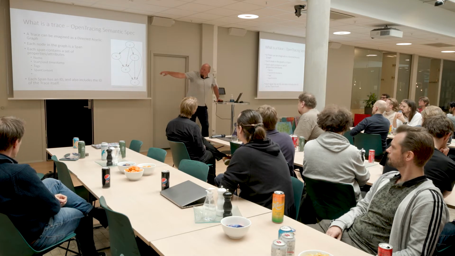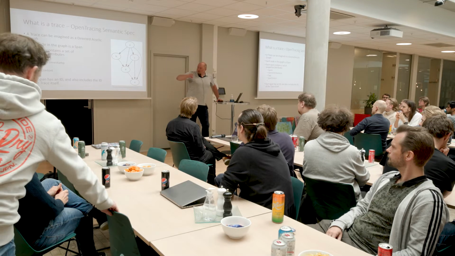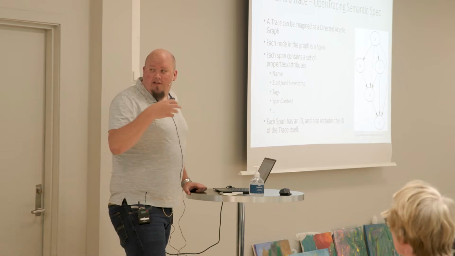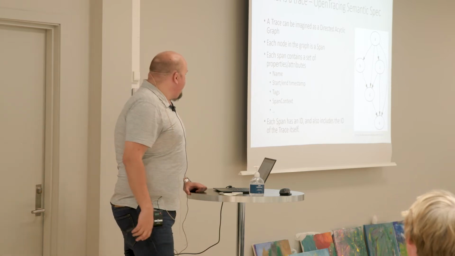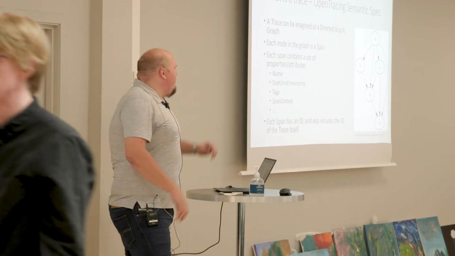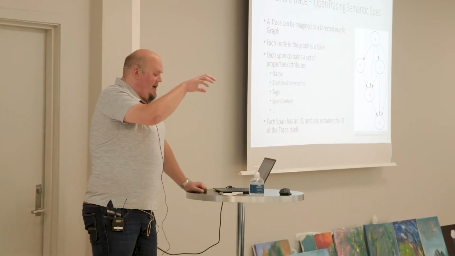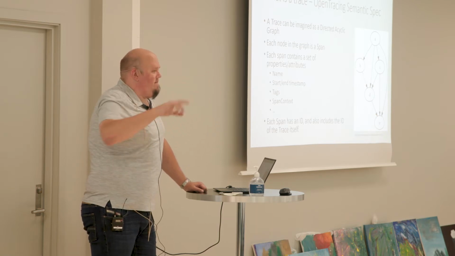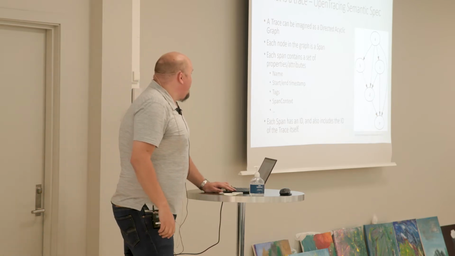A span will contain a name, start timestamp, stop timestamp, tags, the trace context with some more data, and an ID that refers back up the chain. That way you can create a graph from start to end, so you can follow all your traces down the stack.